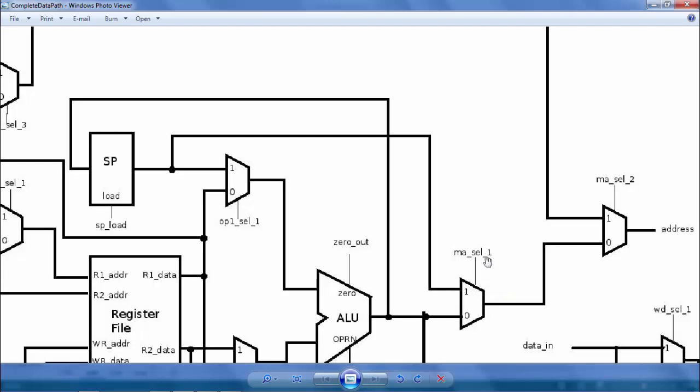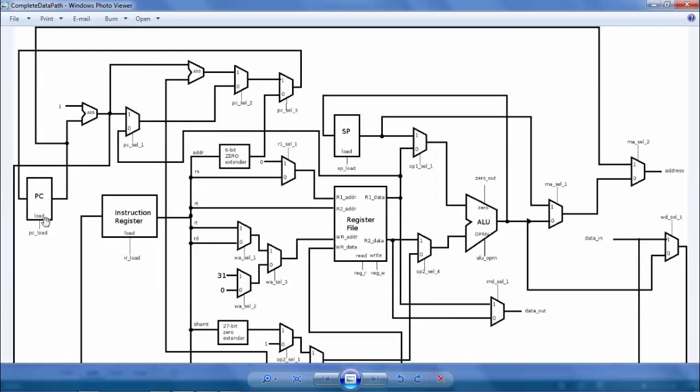Okay, so what we always assume is, if it is a don't care, we put a 0. So for MA selection 1, it really doesn't matter whether we put 1 or 0, because ultimately it won't be selected through this multiplexer, because we are setting MA selection 2 as 1, so that we can push the program counter address through this path into the memory.